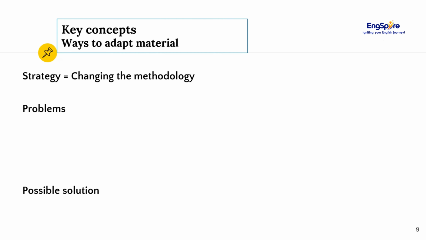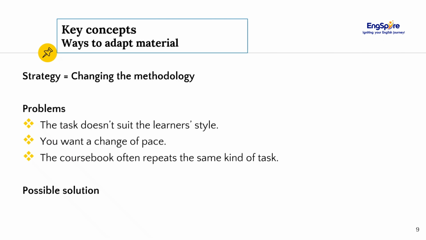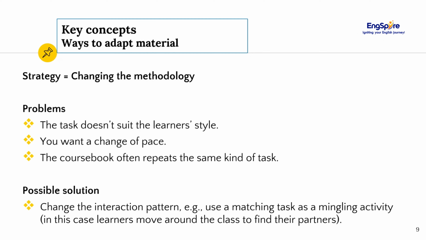The third strategy is changing the methodology. Sometimes the material itself is useful, but the way learners are expected to use it does not work well. Maybe your learners need more interactions, more movement, more creativity, or simply a change of pace. The solution is to change the way students complete the task.